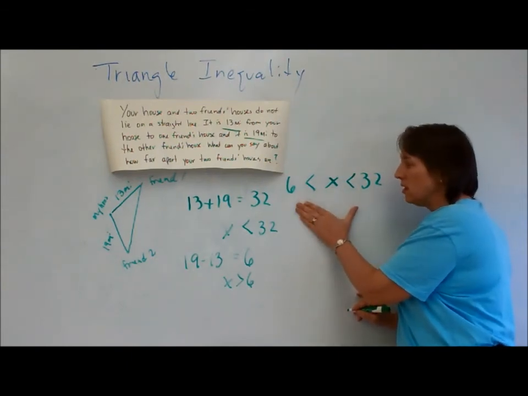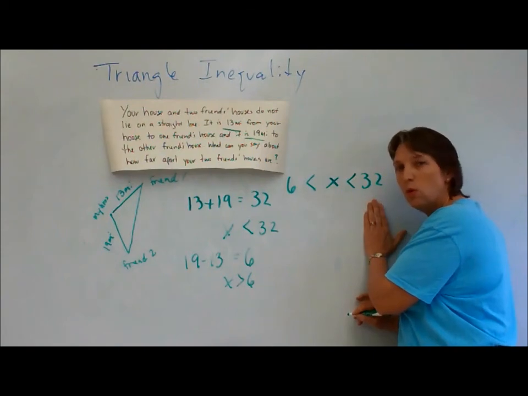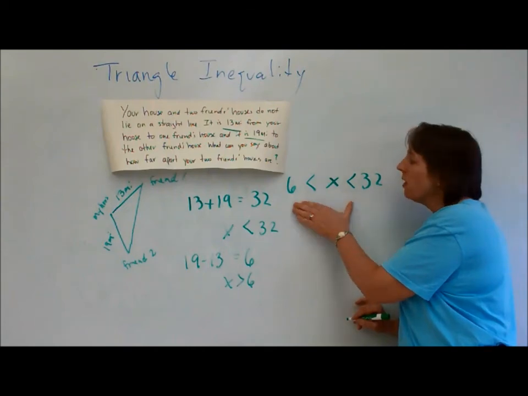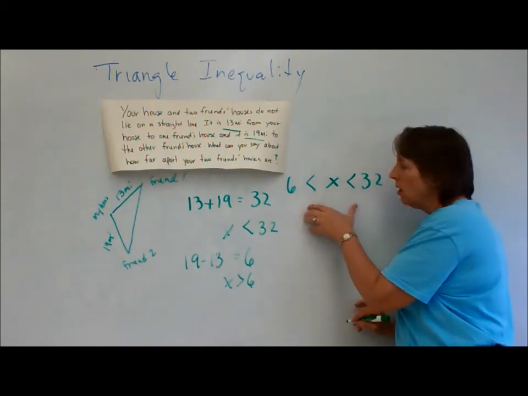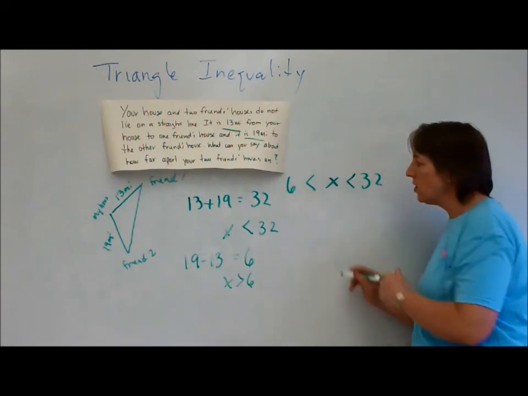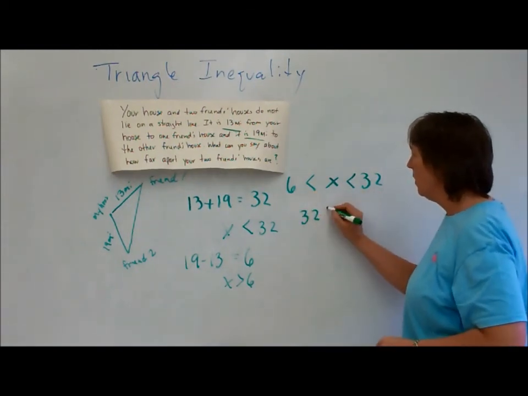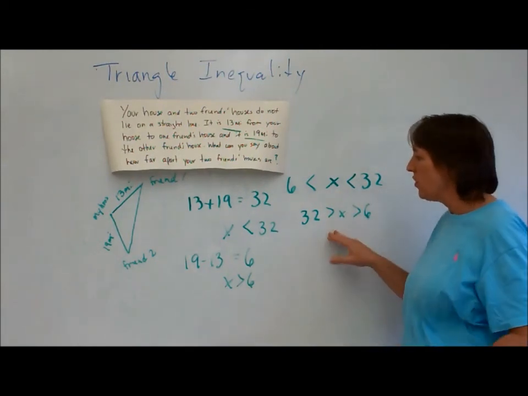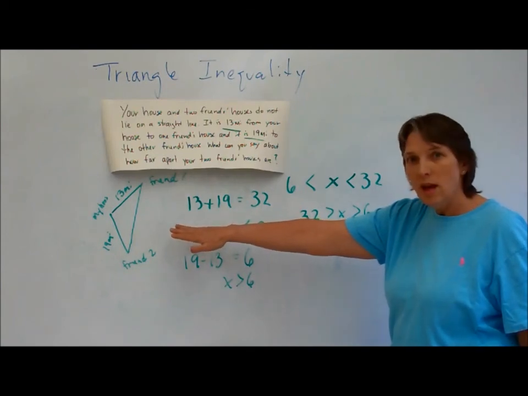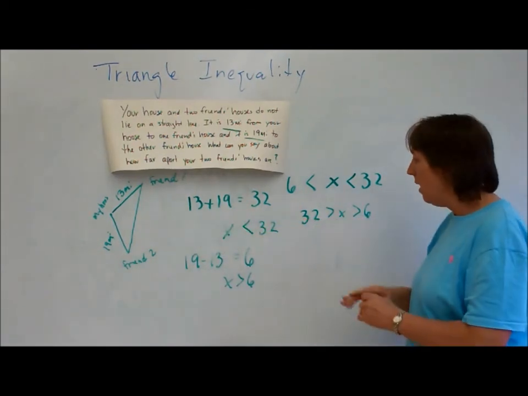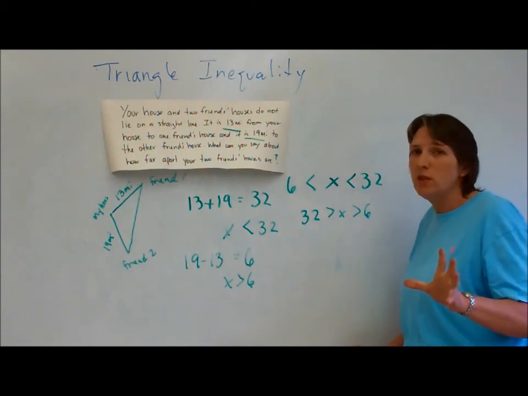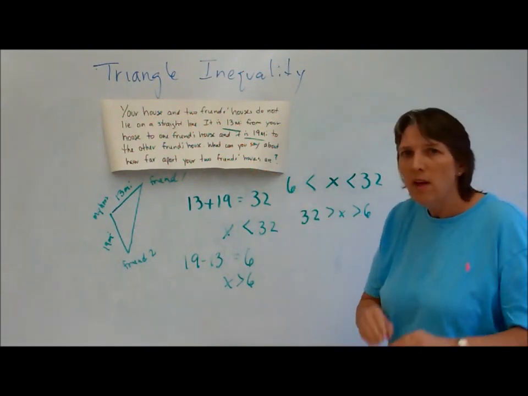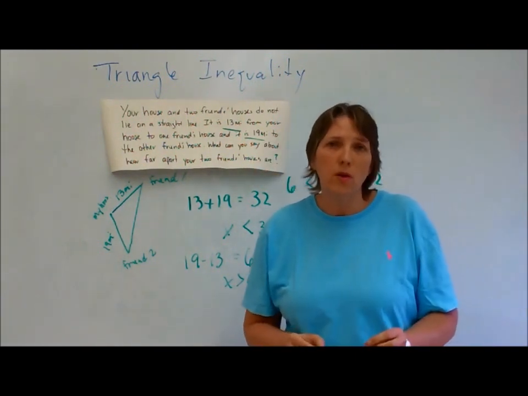So any distance between 6 and 32 will work, and it will be a triangle. Notice the arrows are going in the same direction. I could also write it as 32 is greater than x, which is greater than 6. It's the same thing, and that satisfies the triangle inequality. Now I have the potential distances. Can't assume it's a right triangle, so you have to use the triangle inequality.